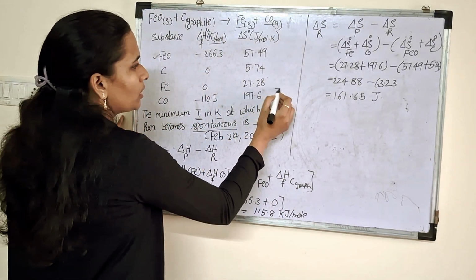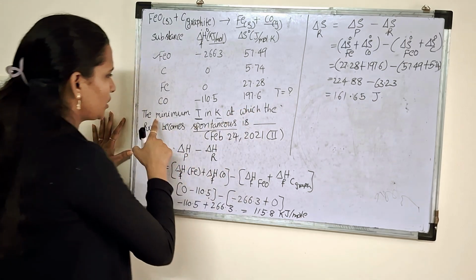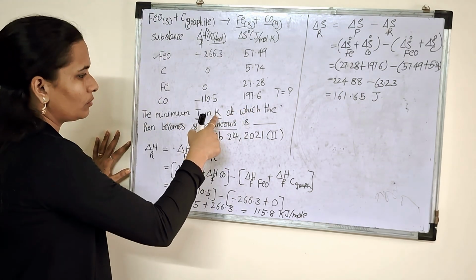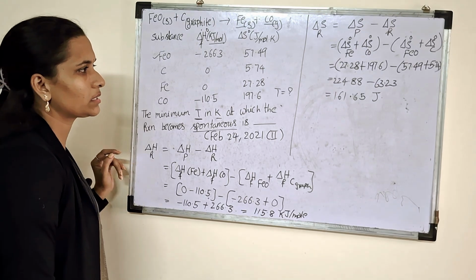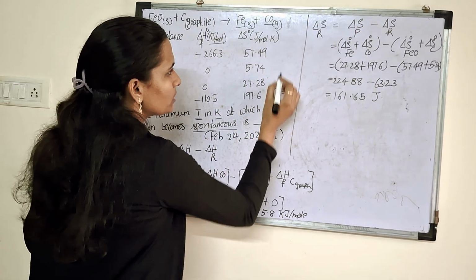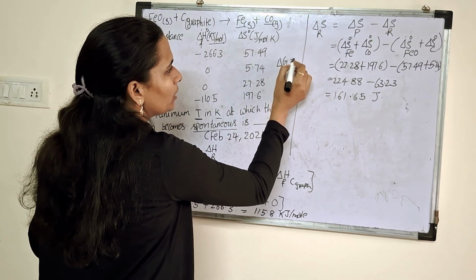Temperature equals question mark: the minimum temperature in Kelvin at which the reaction becomes spontaneous. Spontaneous means delta G should be negative.